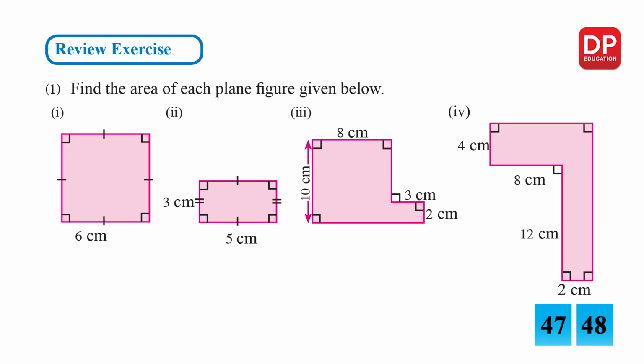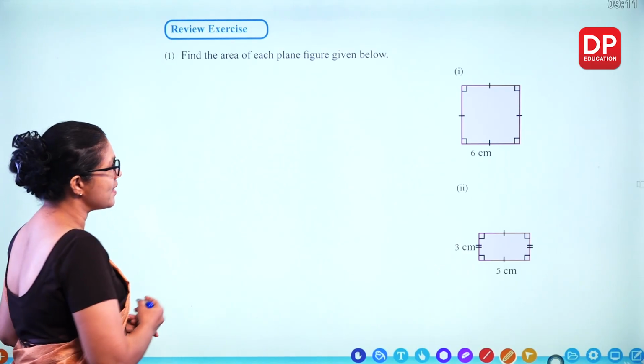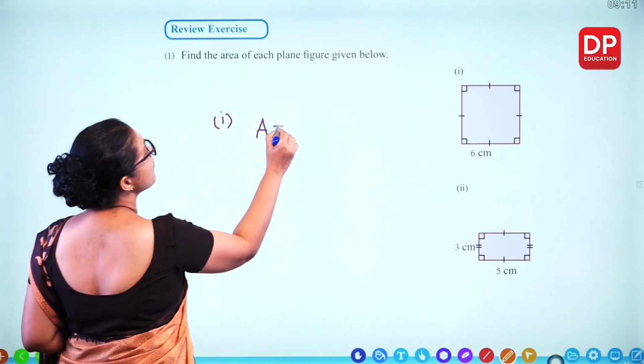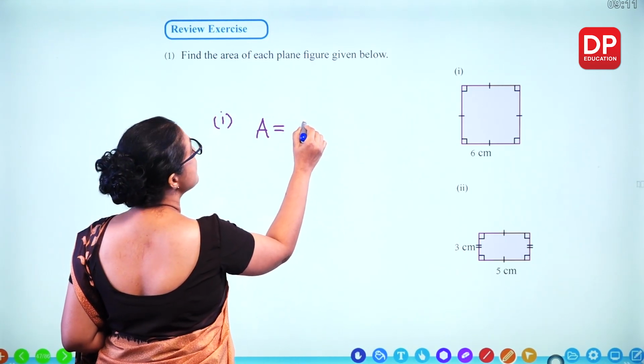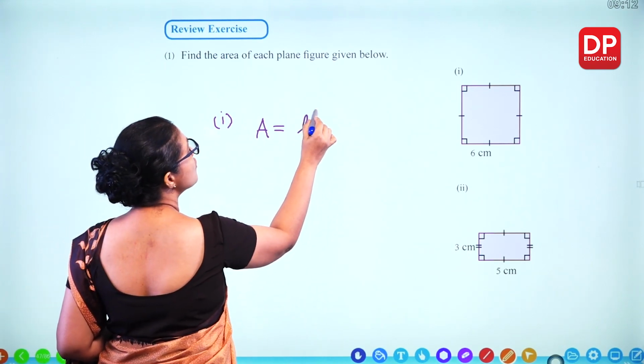Now we'll look at the review exercise in your textbook. Find the area of each plane figure given below. This is a square with side length 6. So what's the area? Area is equal to length into length, that means a squared. We'll take L as the length, L squared.